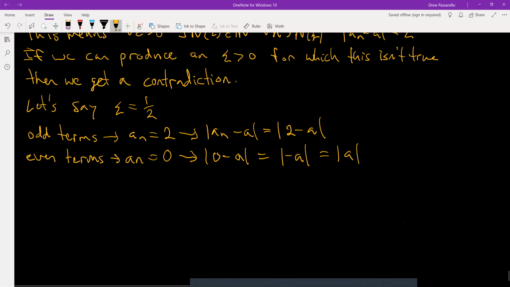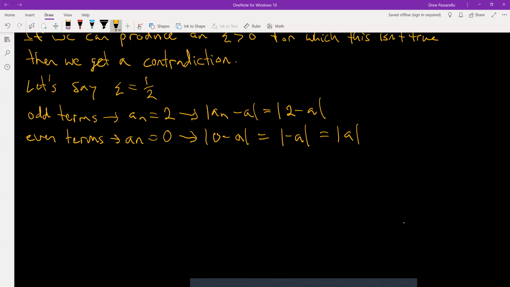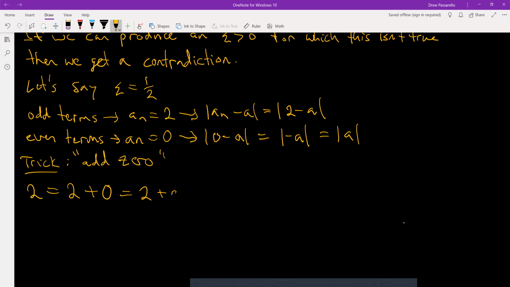So here's a trick that we're going to do. You're going to add 0 in the following fashion. 2 is the same thing as 2 plus 0, and I can write 0 as plus a minus a.